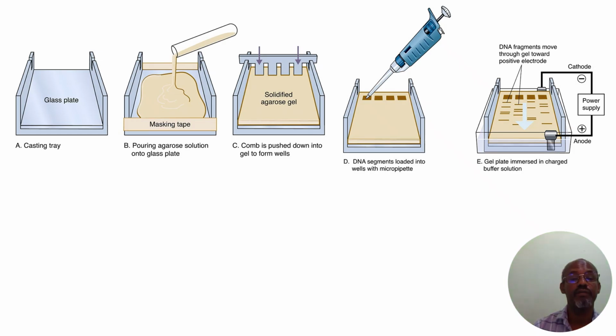It will solidify. The agarose is porous. Inside there are many pores. It's not dense if we use the appropriate amount of agarose and boil. Therefore, it solidifies in the tray.